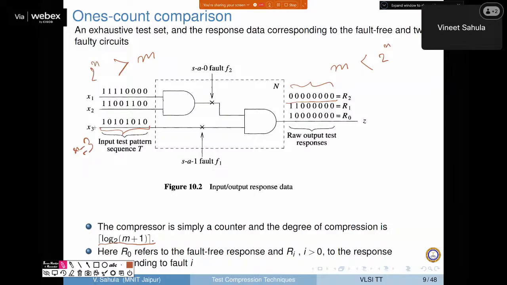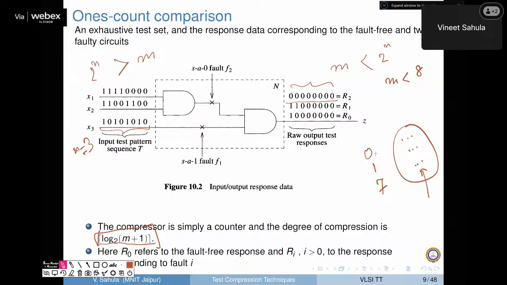If n is 3, 2 to the power n is 8, my m will be less than 8. Hence, the compression would be the counting of ones, which at maximum can be 0 to 7, and I can represent them by 3 bits only. The number of bits after compression is represented through this value, the log of the sequence length. So there is a compression.